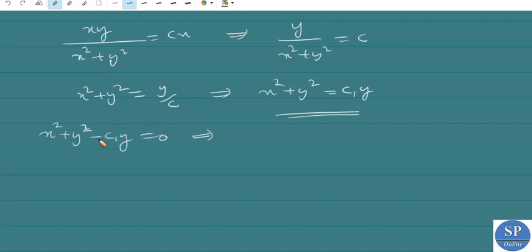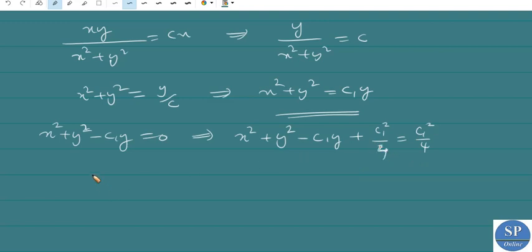By completing the square, we write x square plus y square minus c1 into y, adding and subtracting the square of half of c1, that is c1 square by 4.